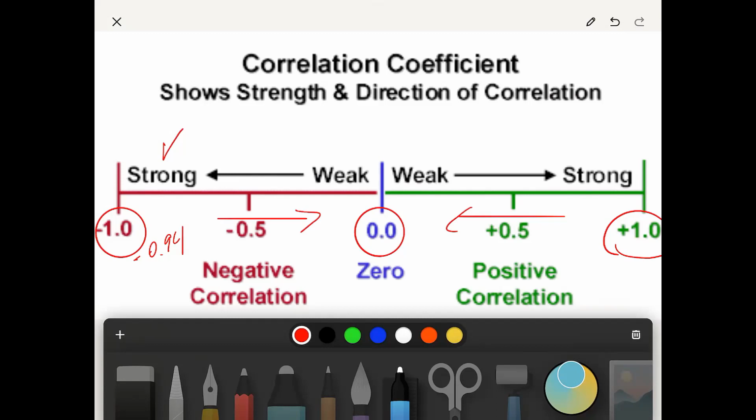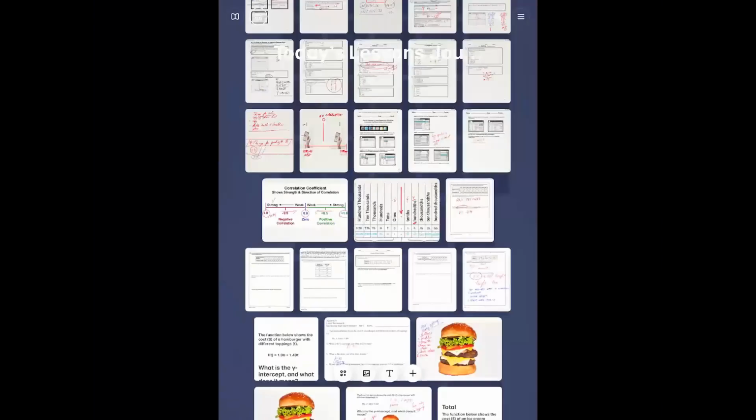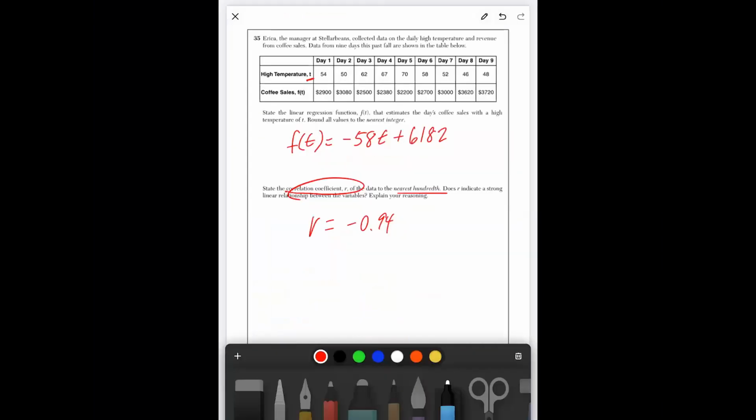So what you would say now is you would say, yes, it indicates a strong negative correlation. And the reason is, you would say, because these two variables have a negative correlation.